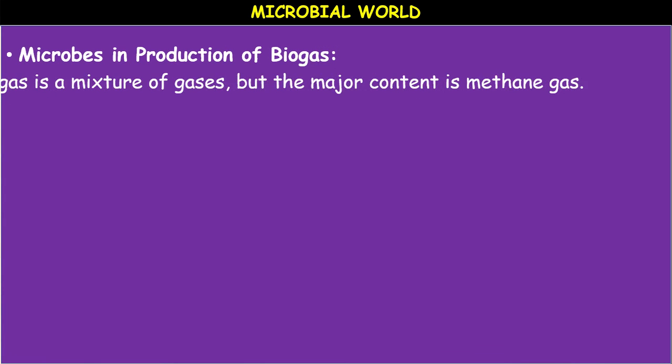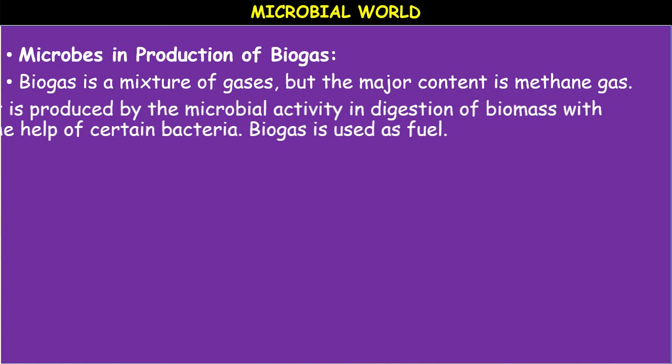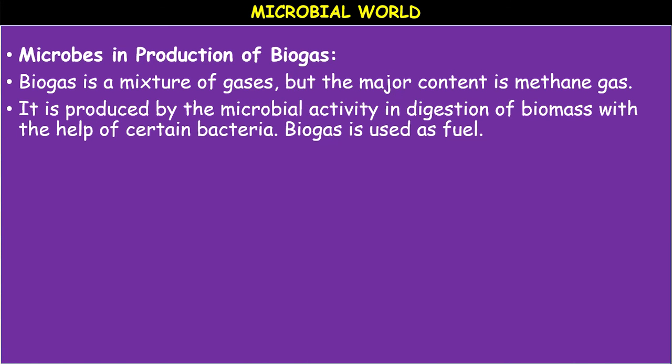So, the microbes in the production of biogas. Biogas is a mixture of gases, but the major component is methane gas. It is produced by microbial activity in the digestion of biomass with the help of certain bacteria. The biogas is used as a fuel.